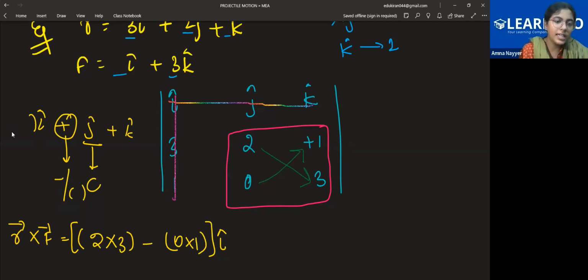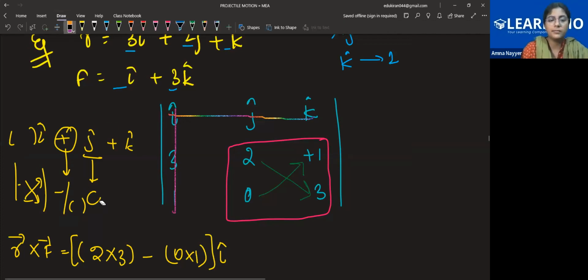That's why, when taking the matrix form, if we go vertically down and then vertically up, we have to subtract. Otherwise, you have to change every variable's number and sign. So it's better to directly write 2 into 3 minus 0 into 1.